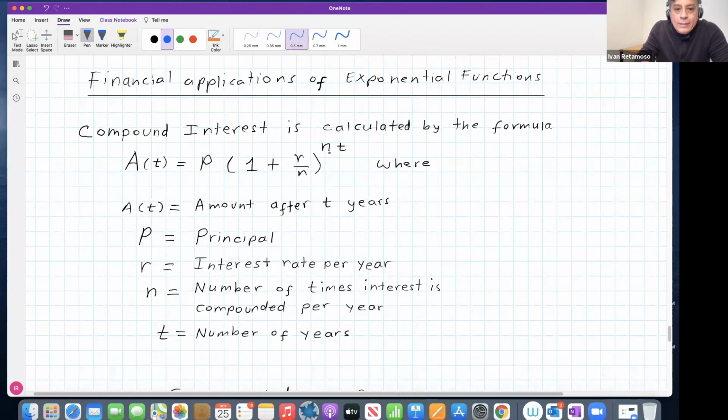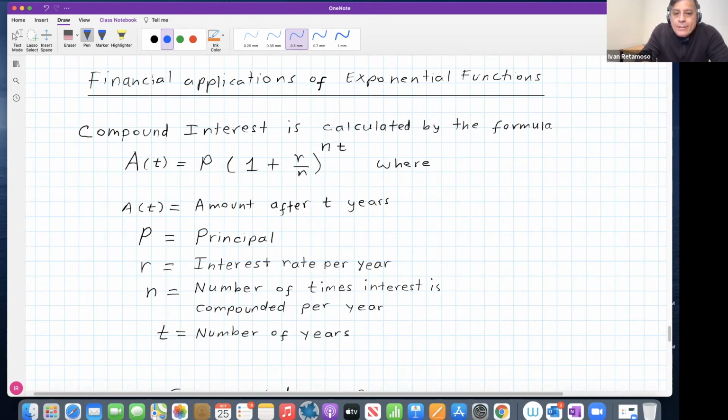If you compound the interest n times a year, then turns out this formula, A of t equal P times 1 plus r over n raised to n times t, serves to compute the accumulated value of your investment, right? A of t, amount after t years, P, principal is what you invest, right?